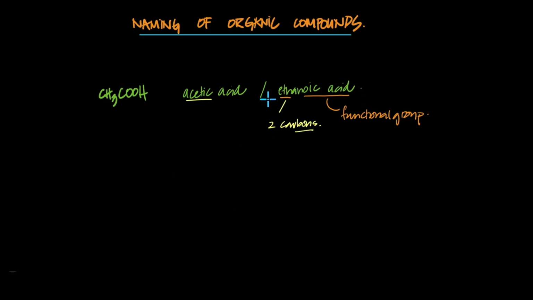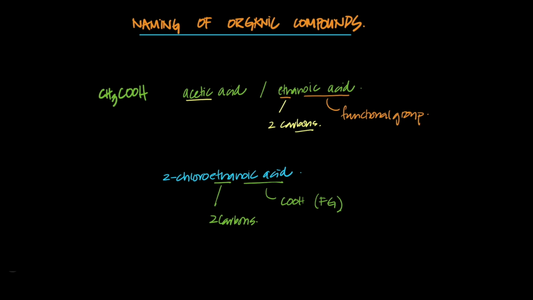For example, instead of just calling it ethanoic acid, what if I had told you that the name is 2-chloroethanoic acid? Now, when you see a name like that, you say, okay, I definitely know it's an acid, COOH functional group, FG. I know it's eth, that means there are 2 carbons.